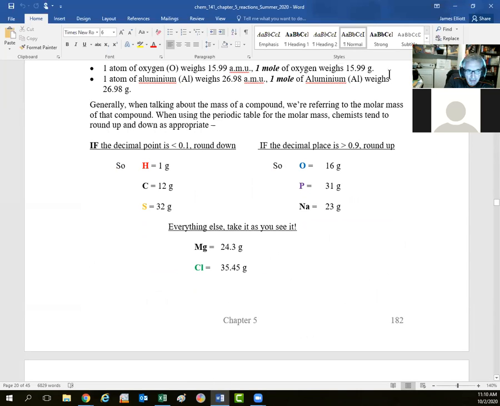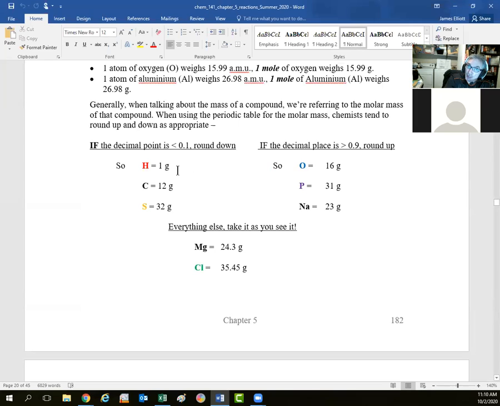And that is when we get to examples which have a decimal place in the molar mass which is less than 0.1. We normally say that they're so close to a whole number, we're just going to round down to that whole number. So for example, hydrogen is 1.008 grams.